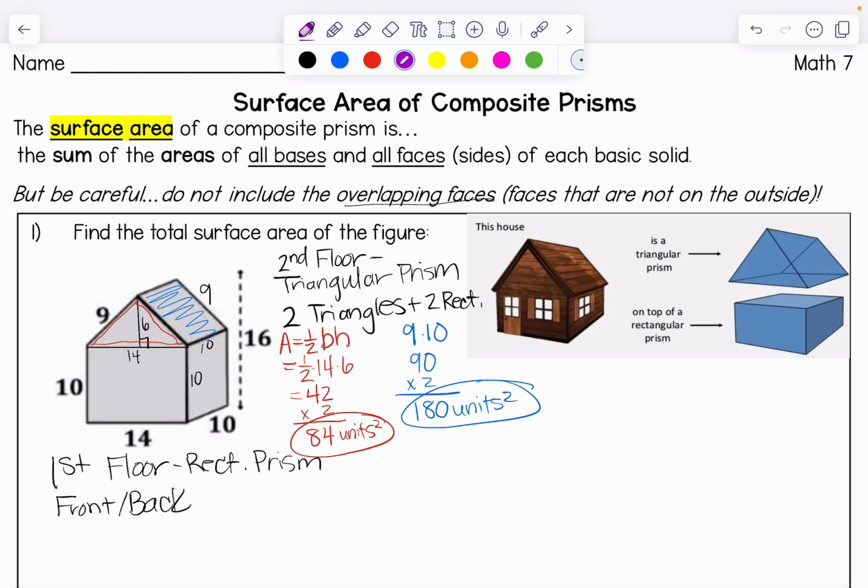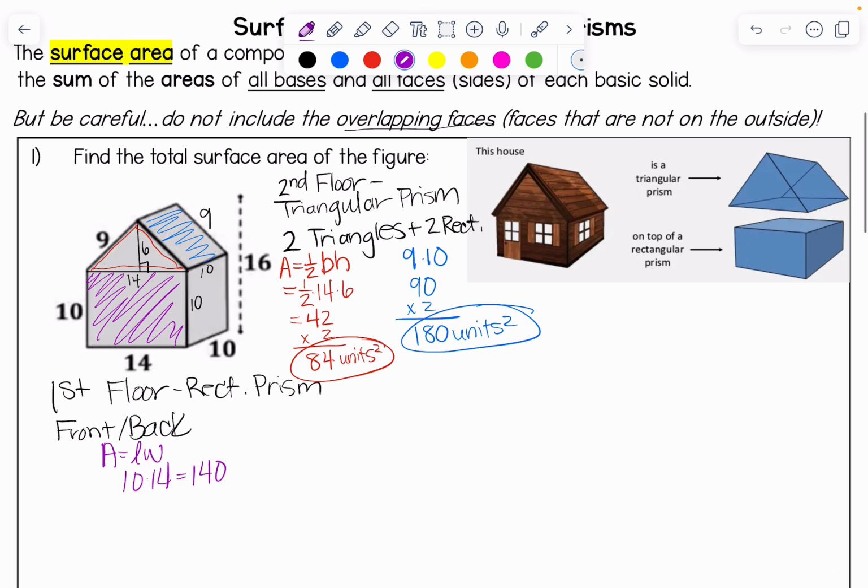When I say front, I'm talking about this rectangle right there. For the dimensions of that, A equals length times width. So I'm going to do 10 times 14, which equals 140. 140 times 2, because the front is congruent to the back. And so I get 280 units squared for the front and the back.